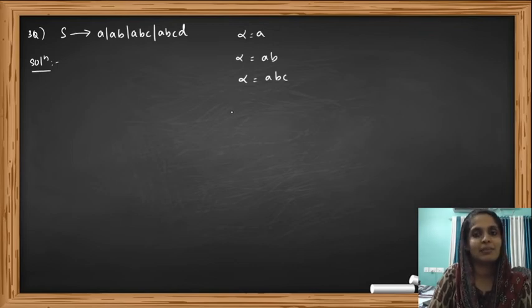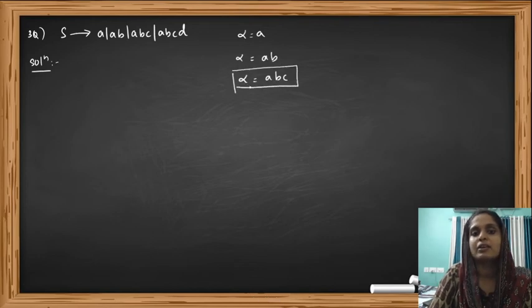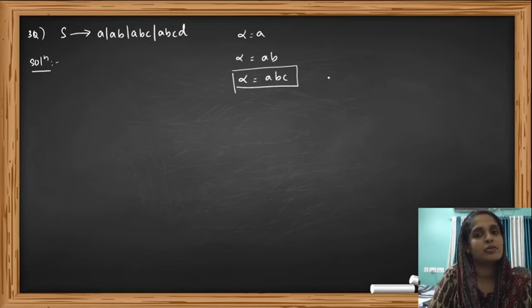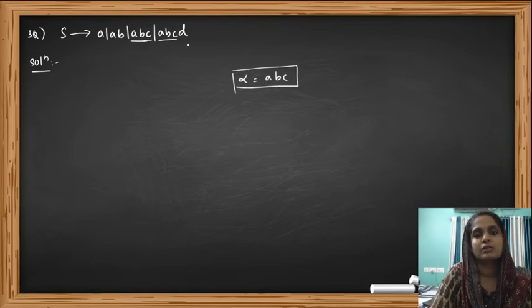In the previous example, there were only 2 cases, but here there are 3 cases. Okay? So we can choose any one case from these 3 options, but I prefer to choose alpha with the longest common prefix. Anyway, all the 3 cases will produce the correct final answer, but I prefer to use alpha as the lengthiest common prefix. So the value of alpha is ABC, right?